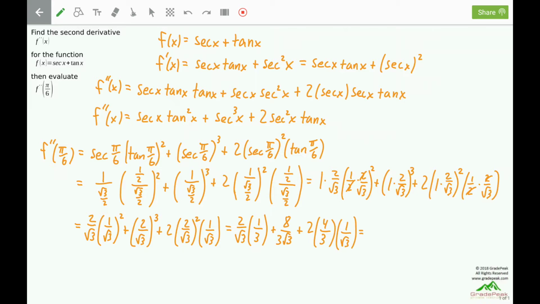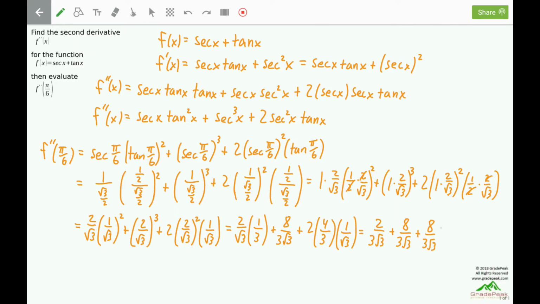So our first term, if we multiply the numerators 2 times 1, we have a 2. Multiply the denominators, we will have a 3 root 3. Second term, we have an 8 over 3 root 3. And the third term, multiply the numerators, 2 times a 4 is an 8 times a 1 is an 8 over 3 root 3.